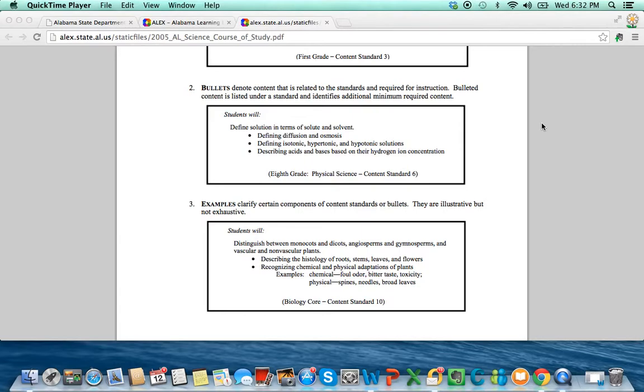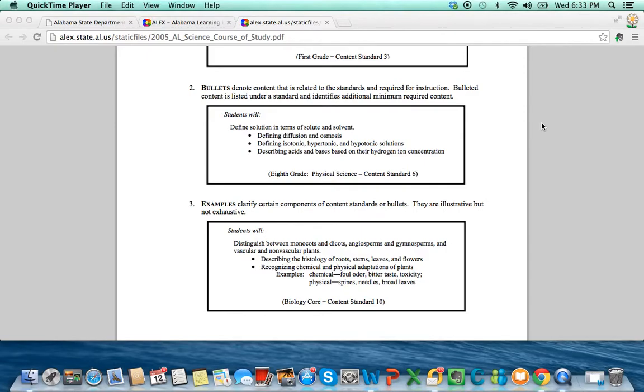That is the standard. But we have some descriptors under there that tell us content that is directly related to the standard and that is required. For example, they want us to define diffusion and osmosis, define isotonic, hypertonic, and hypotonic, and describe acids and bases. So while we're talking about solute and solvent, and by the way, they say define, which of course is a very low-level verb in terms of Bloom's taxonomy, these are also the things that students should know.